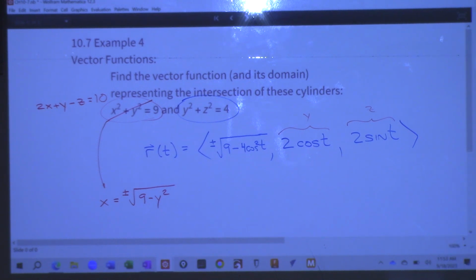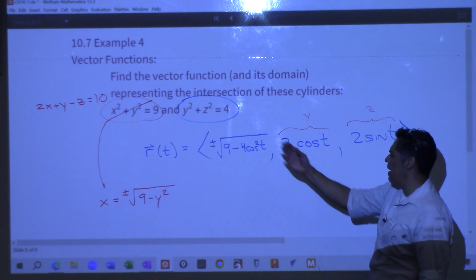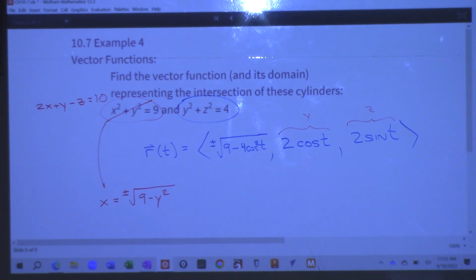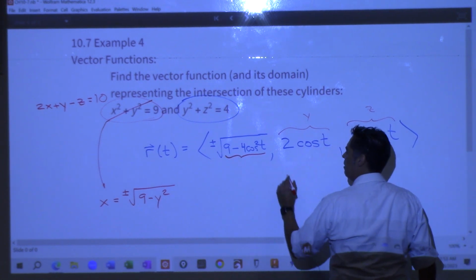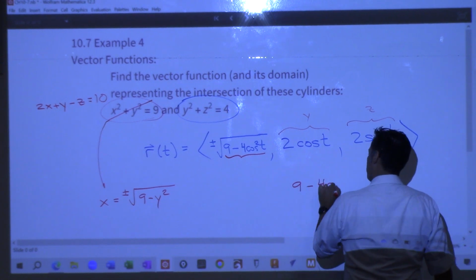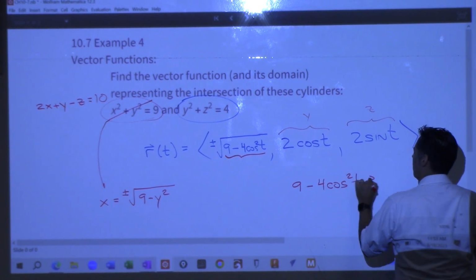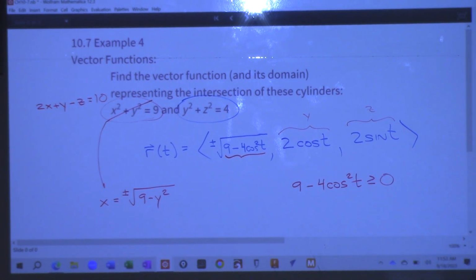Okay, let's discuss domain. Let's do domain on this one. We just need to make sure that this right here is greater than or equal to 0, right? So we have to be careful with quadratic inequalities like this.